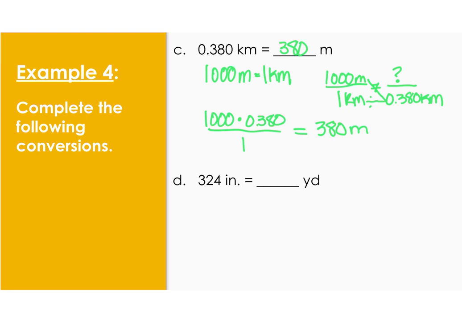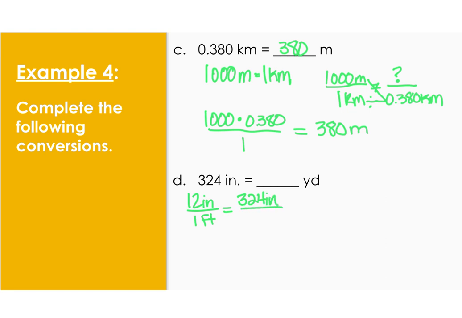Okay, this one's inches to yards. So we can't easily go from inches to yards, so we're going to have to convert inches to feet and then feet to yards. So there's 12 inches in 1 foot. So that's my conversion factor, and that's going to equal 324 inches.